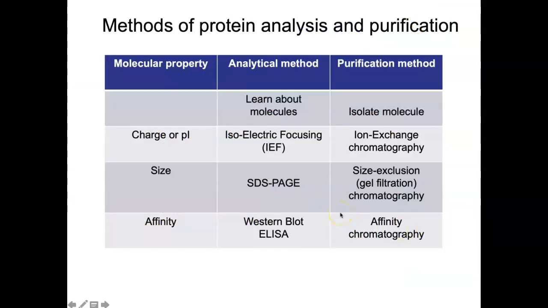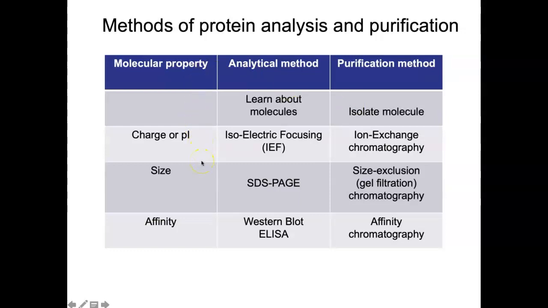So the methods we're going to consider can be divided into analytical methods that are used to learn about the molecules but often destroy the molecules themselves, and purification methods where we mainly focus on obtaining our protein of interest in as large a quantity as we can, as pure as we can.